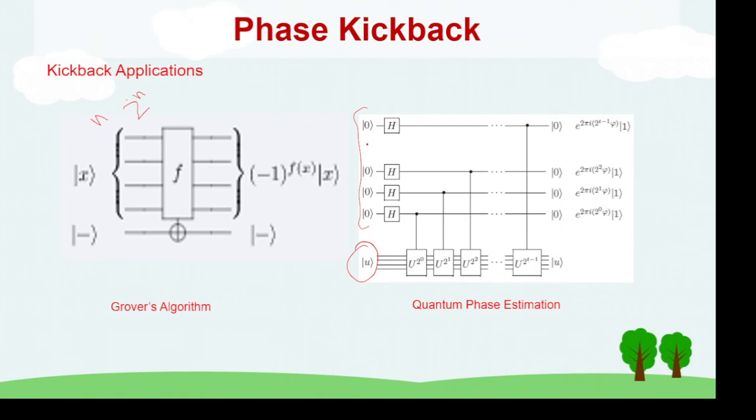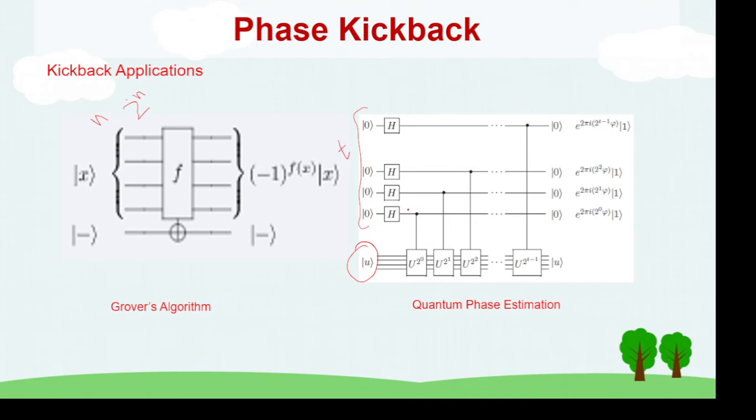So we'll start with the state 0, then we apply the Hadamard gate. One question will come to our mind: how many qubits should I have? That depends on the accuracy we are looking for, and the probability value we are looking for. Accordingly we'll select the number of qubits, say we'll call it T.